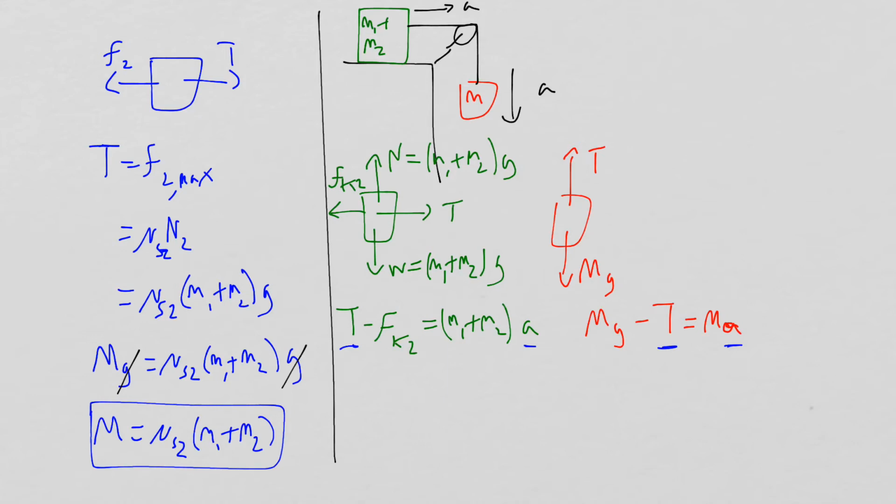So the first thing I'm going to do is solve the green one, right? Solve that for the tension and plug in what we know the frictional force to be. So T equals (m1 plus m2)a, plus the friction force, which is mu k2, and that should be times N2, but we know what N2 is right there, right?